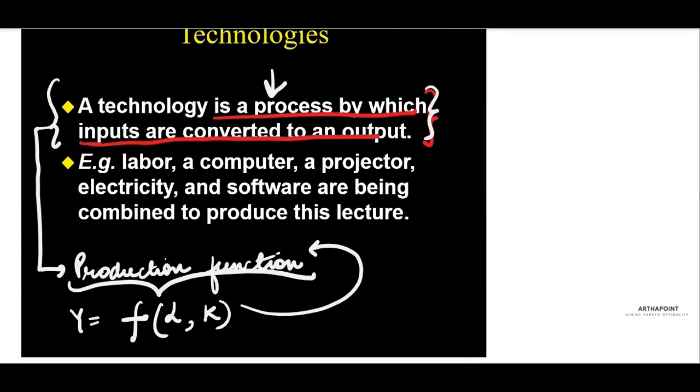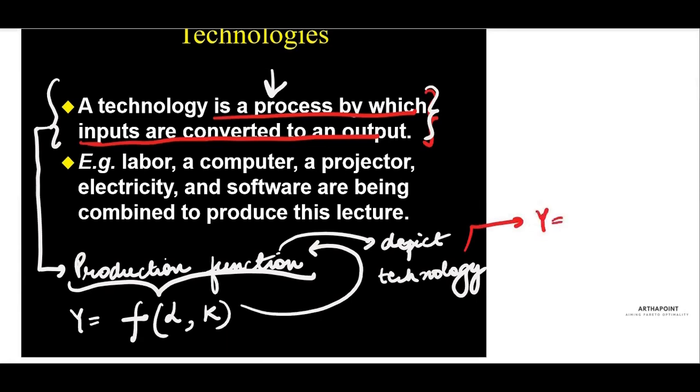So technology is a process. But if I have to give some mathematical version to that process, then that is given by production function. Production function is a mathematical denomination that is used to, in simple words, depict technology. There can be various ways in which I can write my production function, and I will take this through as I go along with the chapter.